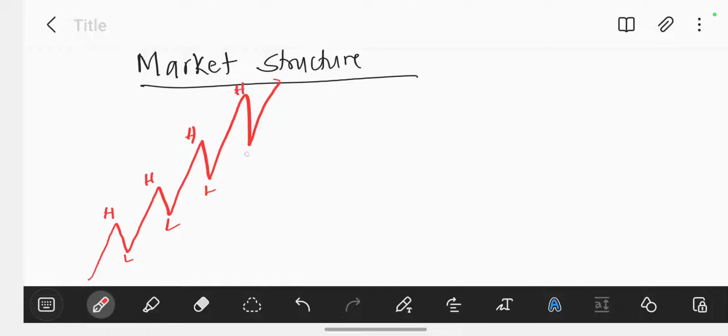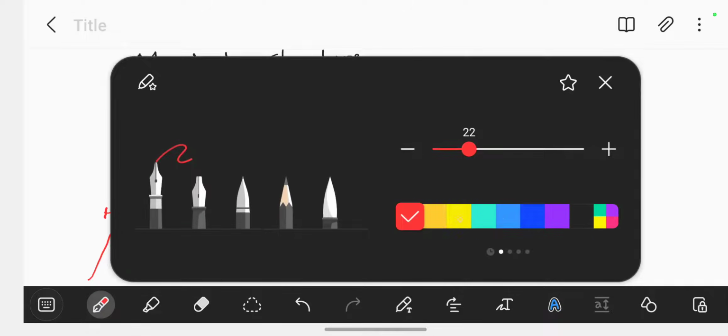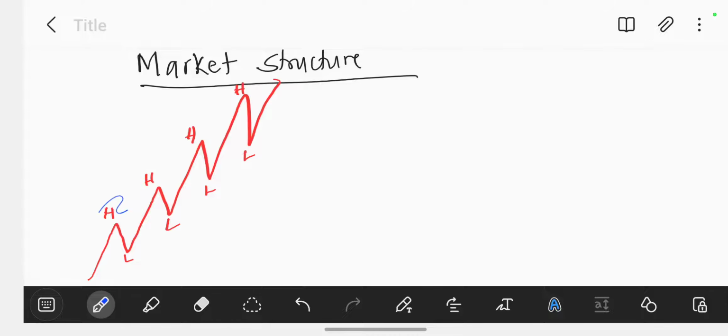In this case, when you are going up, whenever we are forming a new high, it is higher than the previous high. So that's why we can say that in an uptrend we'll have higher high, higher high, higher high, and the low is higher than the previous low. So we'll have higher low, higher low, higher low. Those are the characteristics.